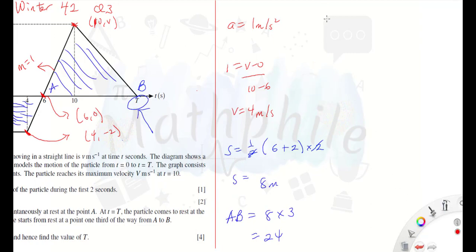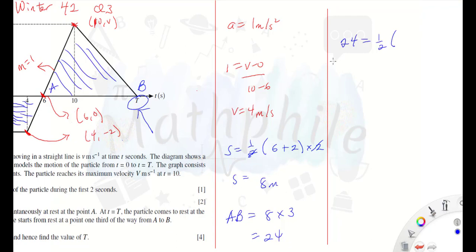Okay, that is a triangle. Area of a triangle is 1 over 2 BH. So the 24, that is the distance. 24 is going to be equal to 1 over 2 times base times height. What is the base? I'm doing the entire triangle.